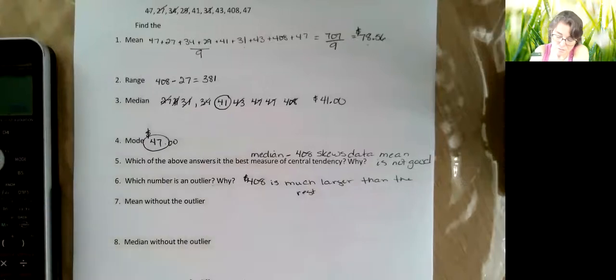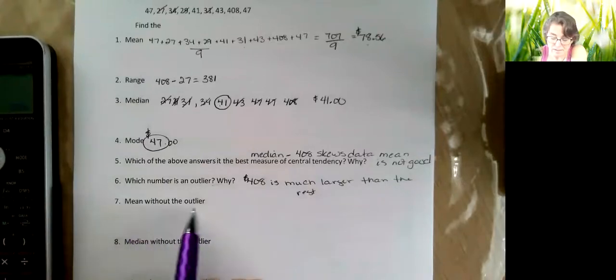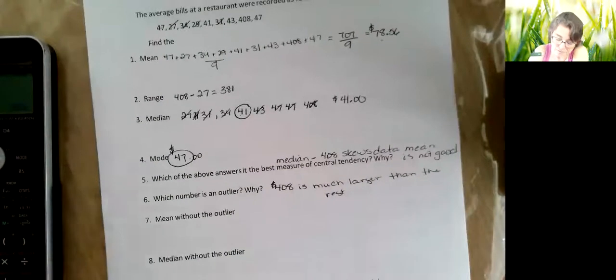Okay, so what happens if we recalculate the mean without the outlier?